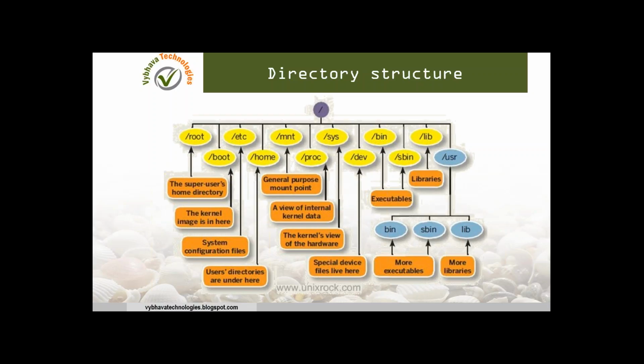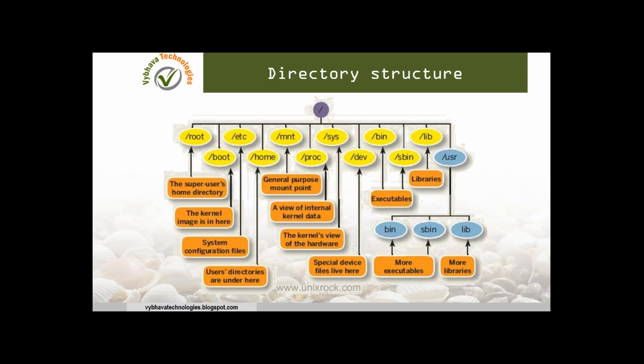Okay, Ramakrishna, tell me what is the significance of etc? Yeah, it contains all the configuration files. Whatever we do for an application or anything, it stores under slash etc. Can you give an example, anything? We use Apache servers, like the httpd.conf file or resolv.conf file.